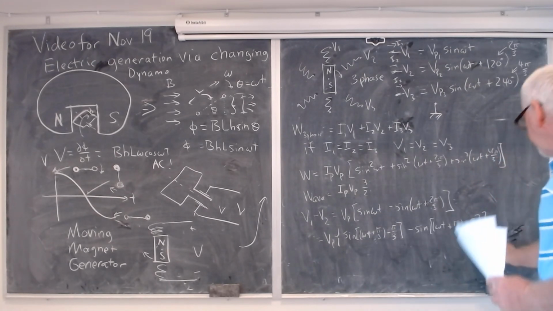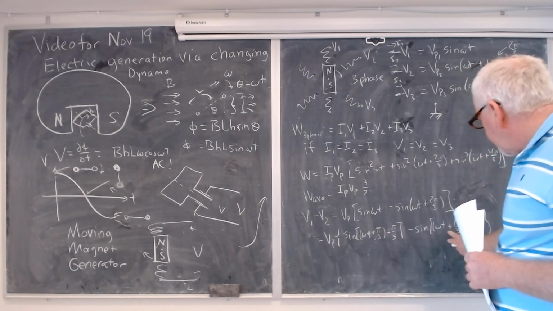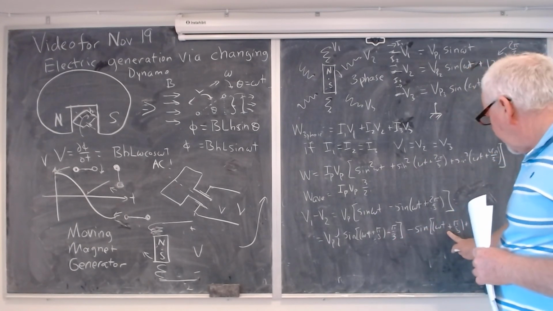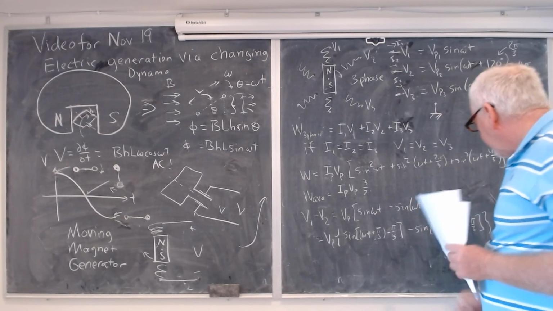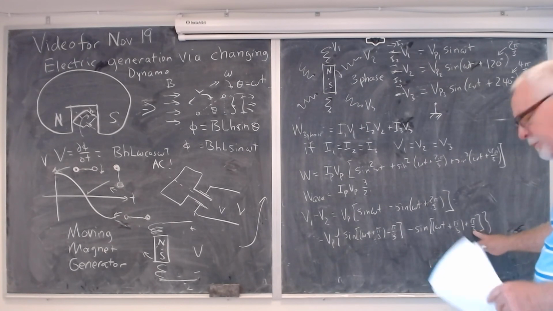You see what I've done here? I wrote it such that they have a common variable, omega t plus pi over 3. And now you see we got our A minus B and our A plus B thing going.